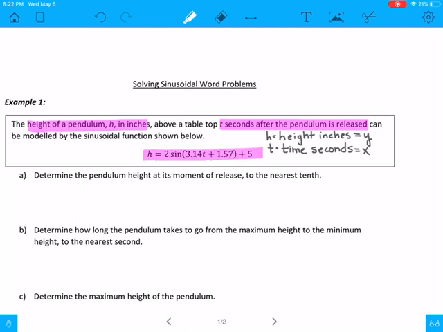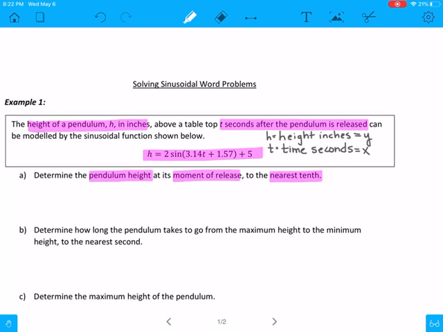They want us to determine the pendulum height, which is y, at the moment of release to the nearest tenth. Most of you guys are not looking for rounding rules when I'm marking, so I know you need to look. Nearest tenth: tens has 1 zero, so that's 1 decimal place. Hundredth has 2 zeros, so 2 decimal places, okay?